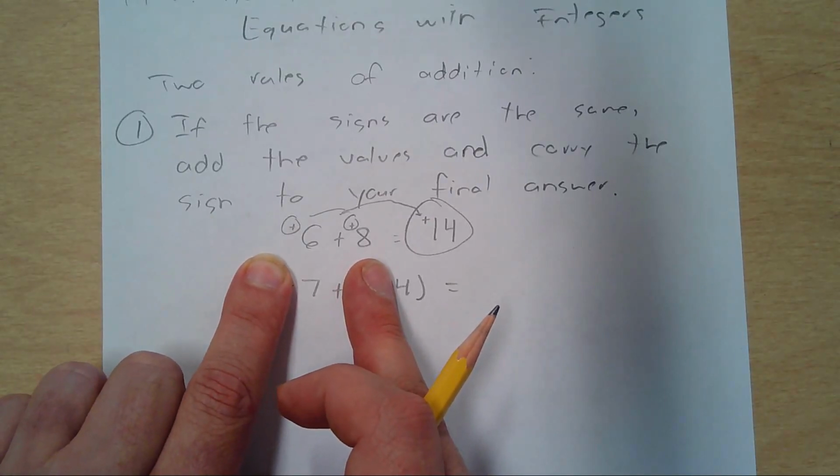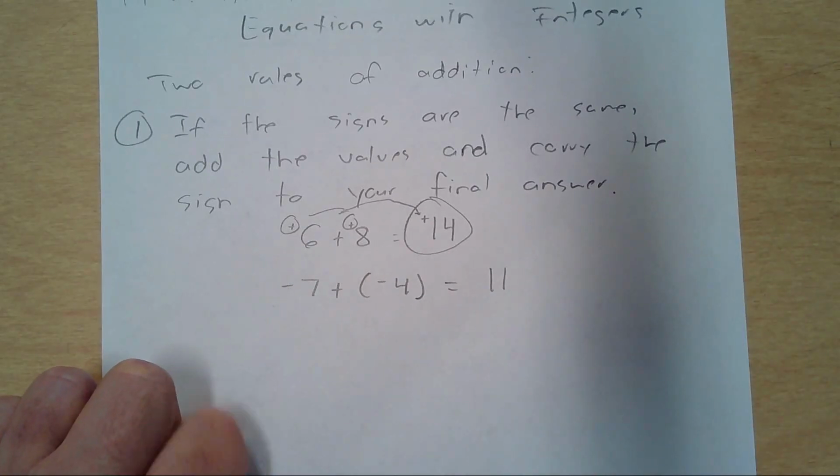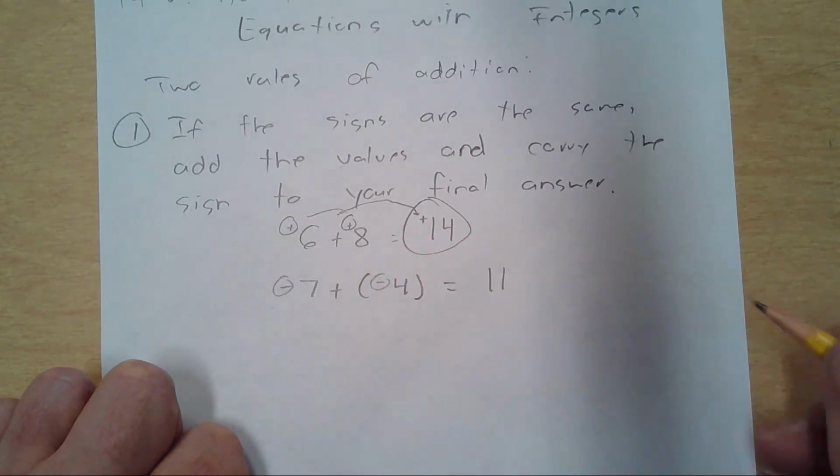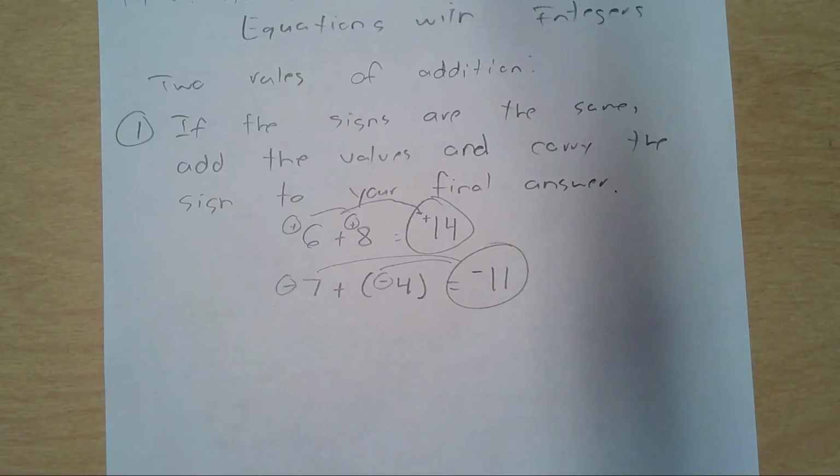I'm just adding 7 plus 4. 7 plus 4 is 11. But then, what are my signs? They're both negative. Therefore, negative 11. So when the signs are the same, 2 positives or 2 negatives, add the values. Technically, you're adding the absolute values together, and then carry the sign over.